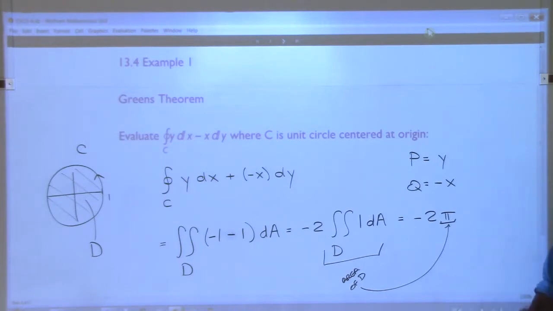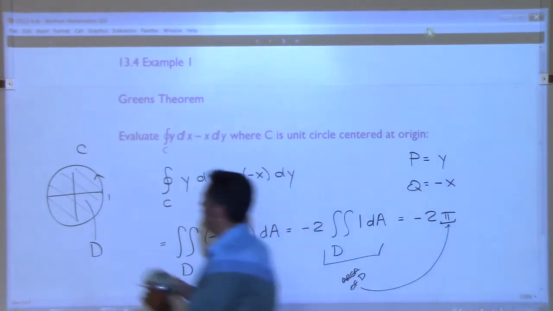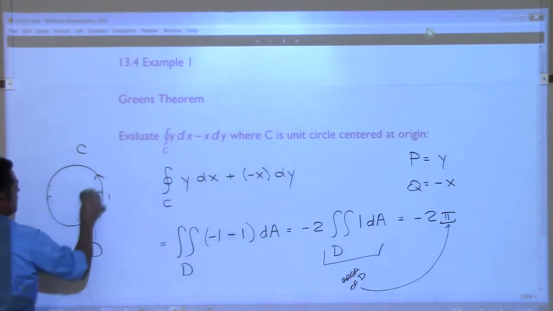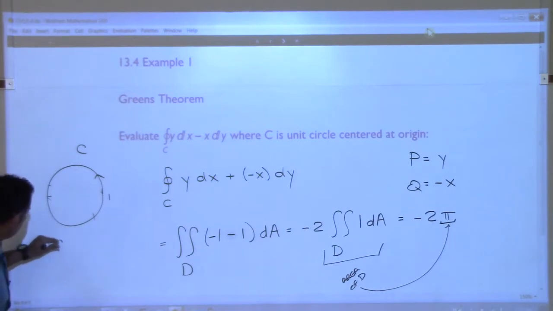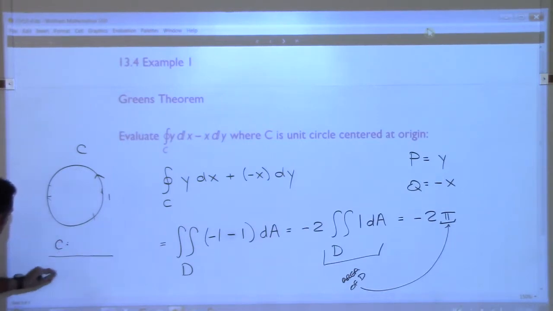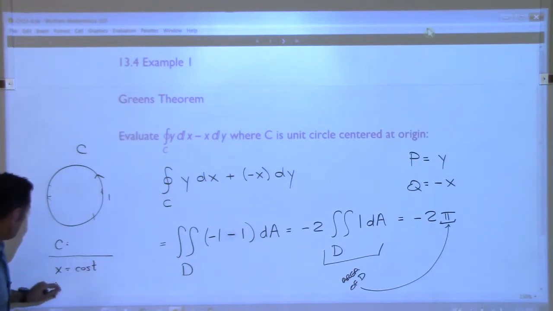Okay, let's compare that. Just what would we have had to do had we not had Green's theorem? We would have had to find the parametric equations for C. So our parametrics would be x is cosine t, y is sine t.